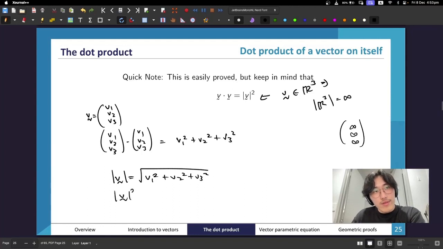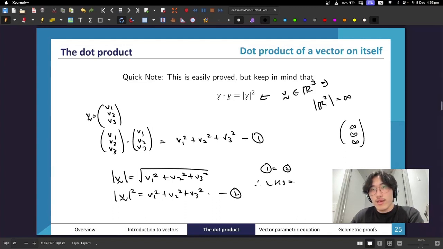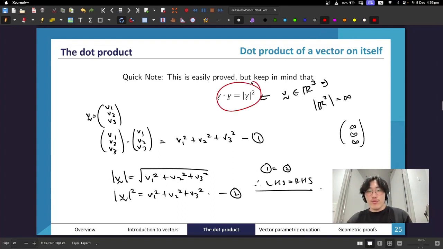If we square both sides, this becomes v1 squared plus v2 squared plus v3 squared. This is equation 2, and that was equation 1. Equation 1 equals equation 2, therefore left-hand side equals right-hand side. So it's important to remember this. It will also be important in geometric proofs, and we'll come back to using this later on.